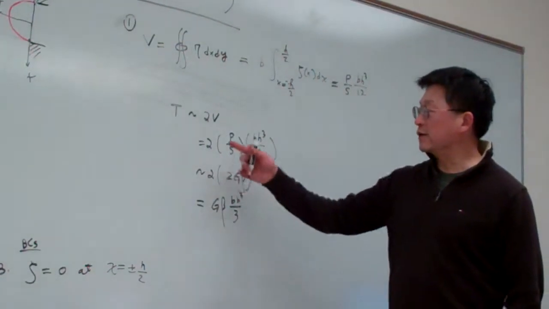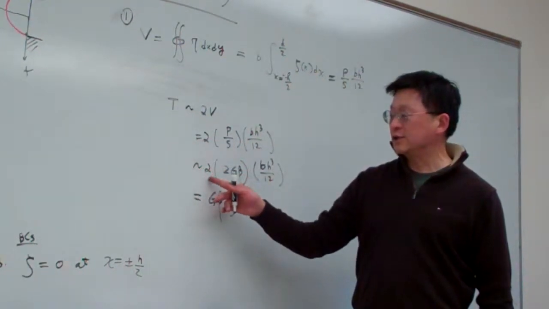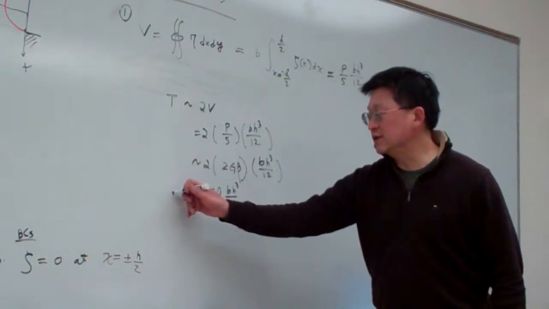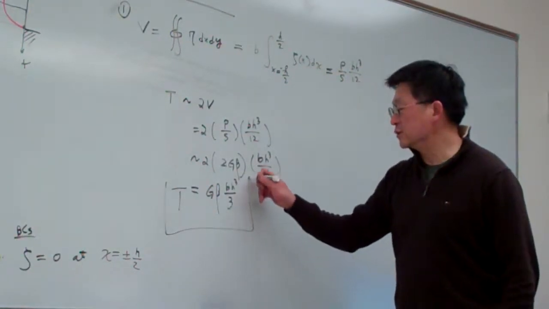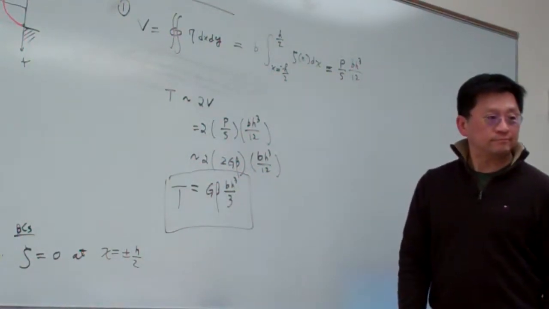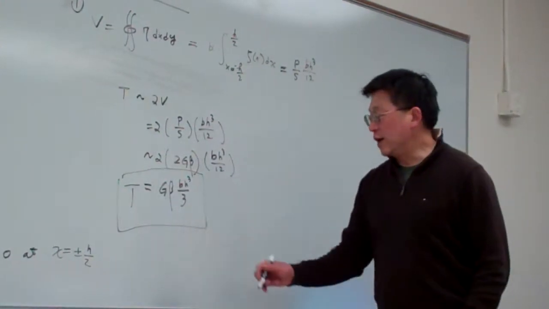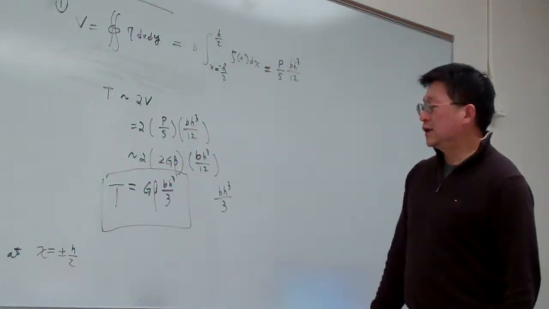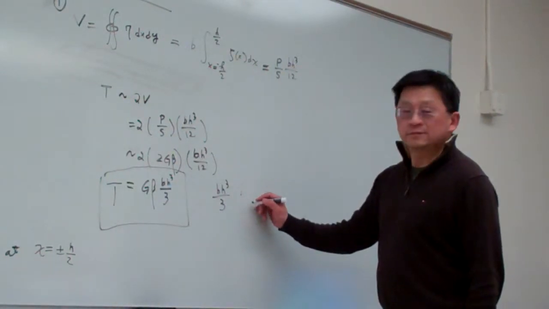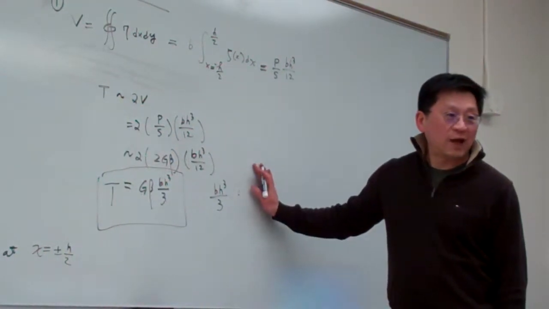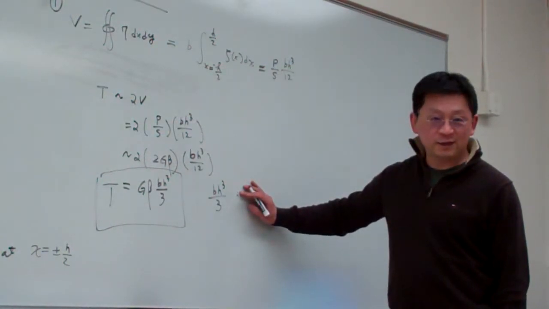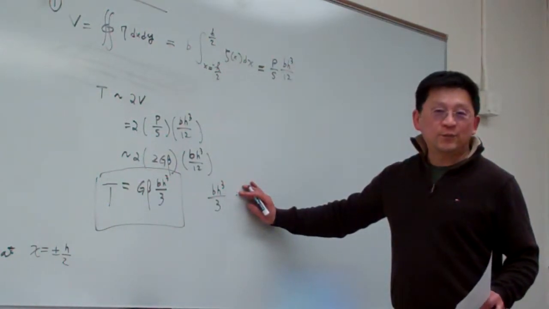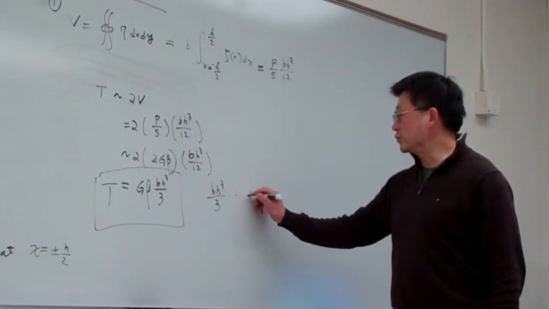So in this way, from taking the analogy, we can see T leading to this portion here, BH cubed divided by 3. Earlier I named it polar moment of inertia, and the beta term is called the torsional constant.